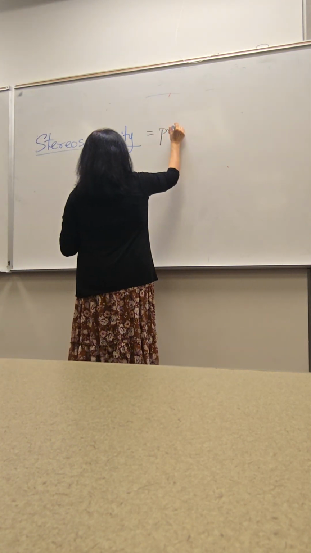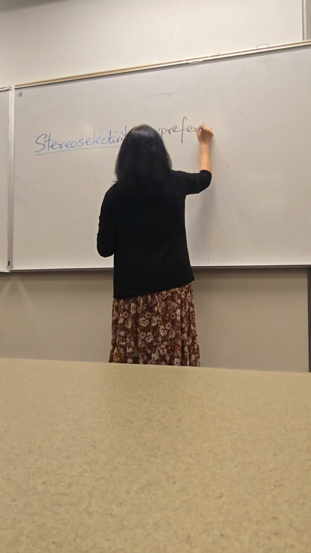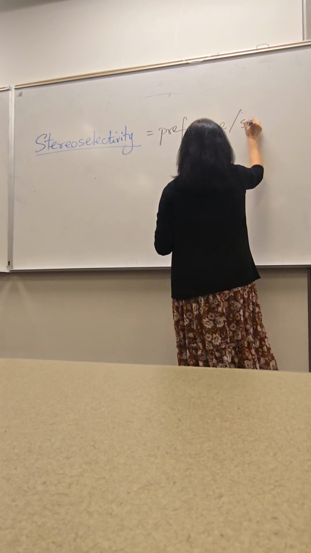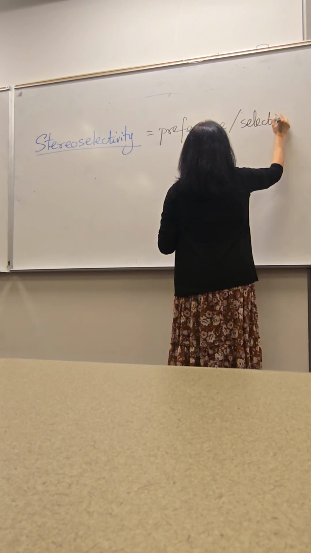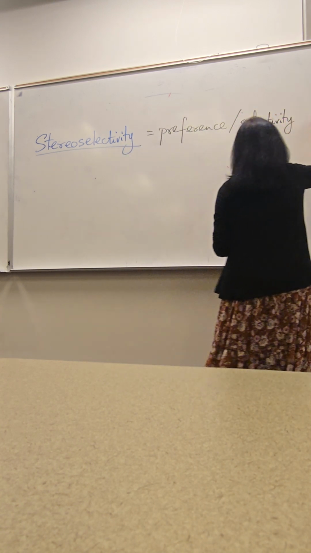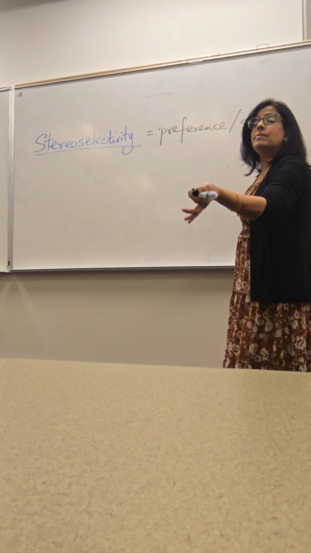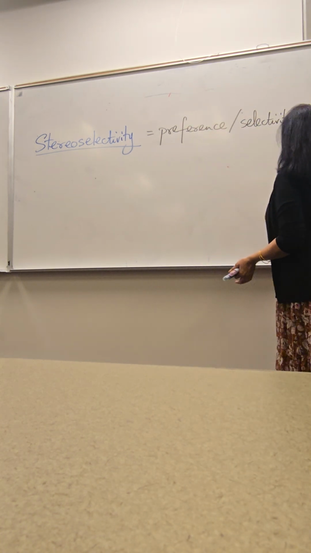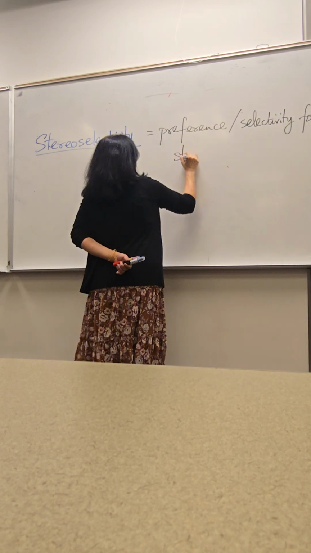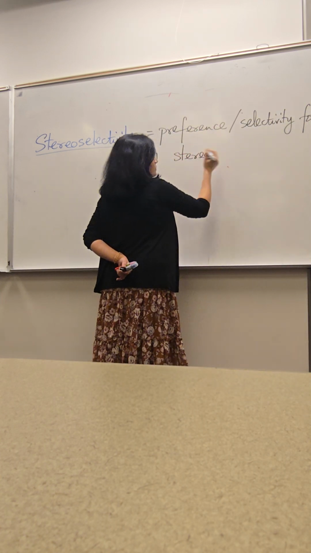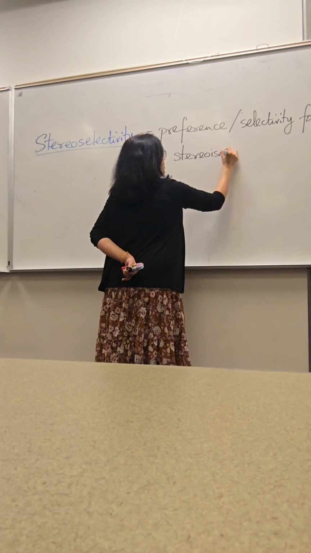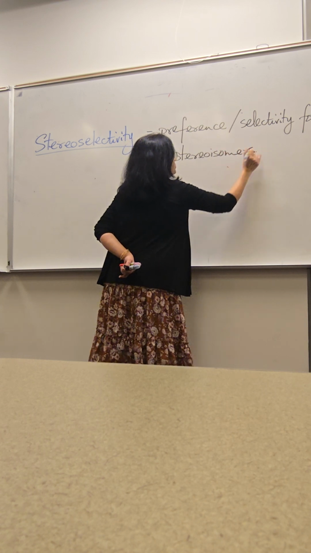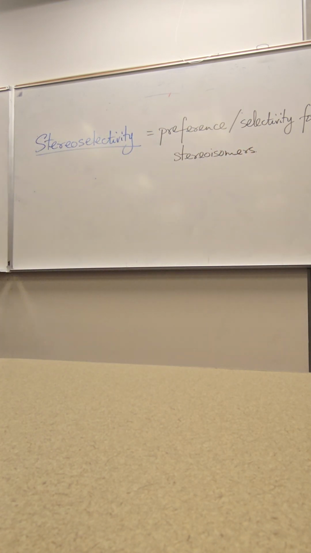Prefers one stereoisomer over the other? Exactly. Preference or selectivity for one stereoisomer over the other stereoisomer of the same compound. So that's also something we have to be able to discuss and evaluate as we learn about the reaction.